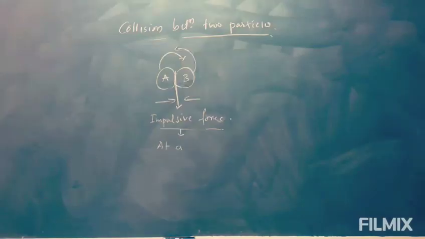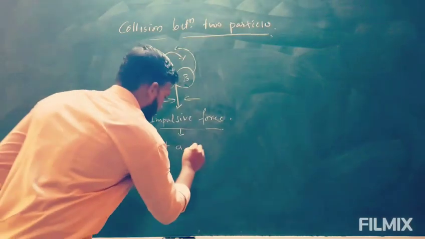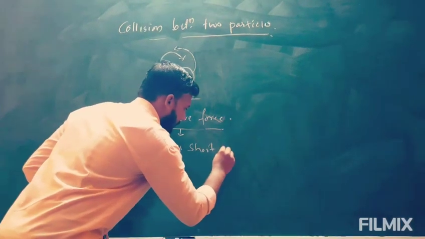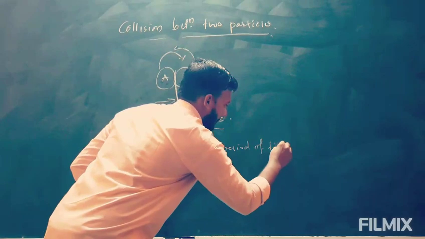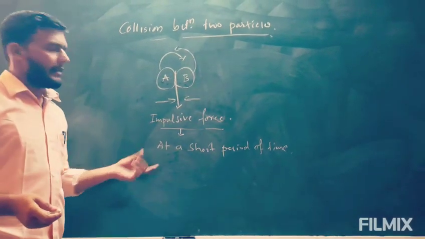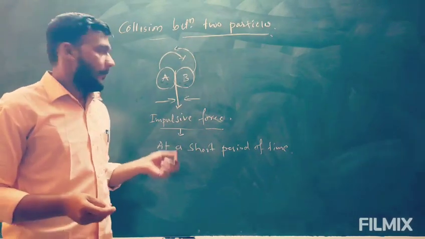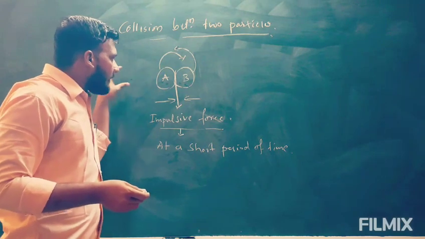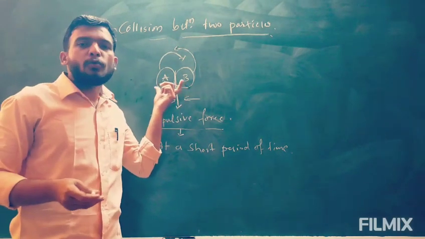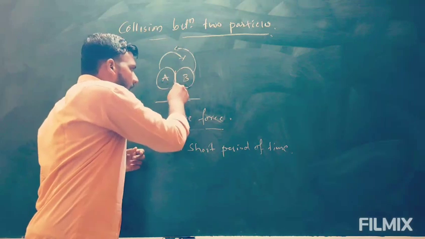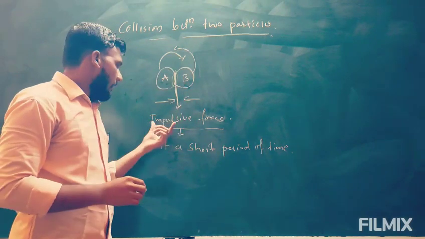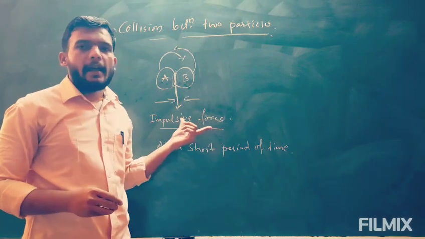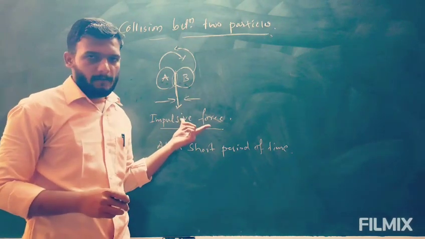Because the force acts for a very short period of time. Compared with the total time of motion of the two bodies, the collision time is very small, short. That's why it is called an impulsive force.